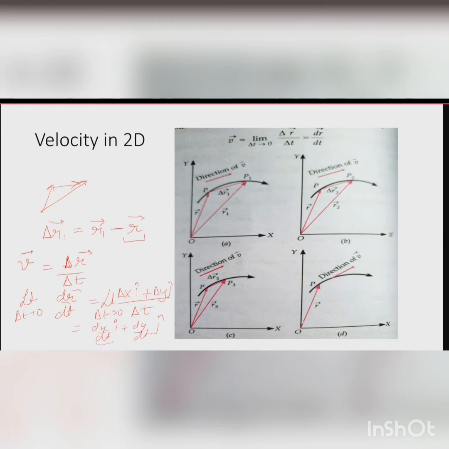Now dx by dt is nothing but your instantaneous velocity along the x direction. So I can write it as vx i hat plus dy by dt, which would be your instantaneous velocity along the y direction. And this gives me my velocity vector in 2 dimensions.